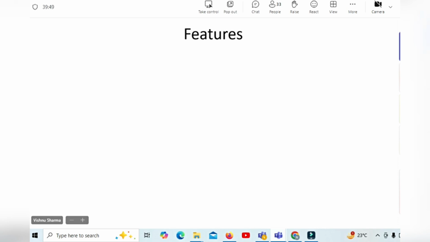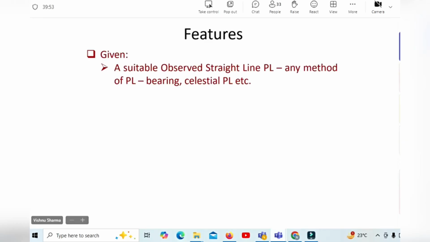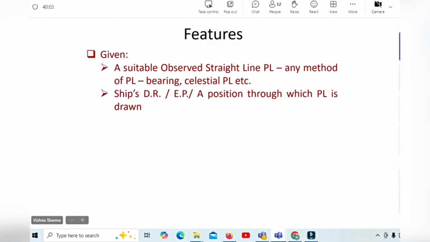So those indications would be given to you. So what will be given to you in such questions is a suitable position line by any method that we have learned in the first lecture, and the ship's DR or EP or a position through which the PL is drawn. This last part will of course apply for the celestial PL.